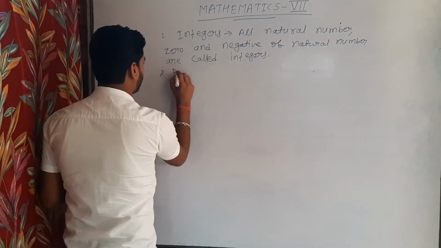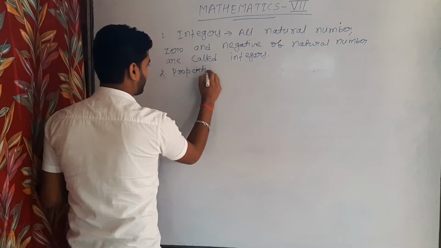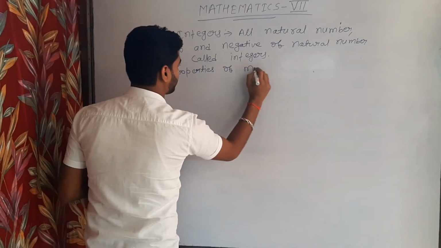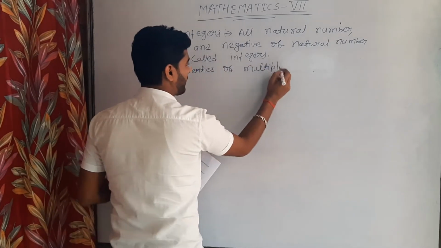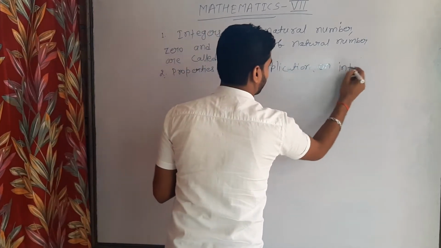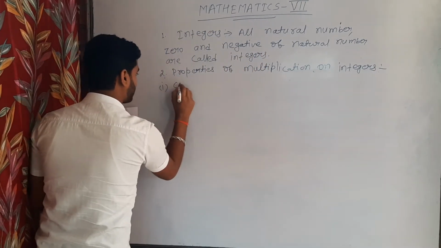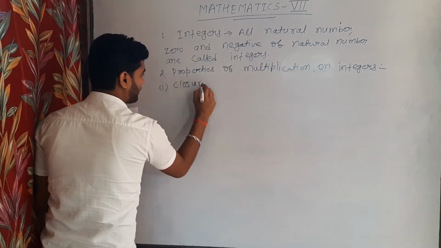Second, properties of multiplication on integers. First, closure property.